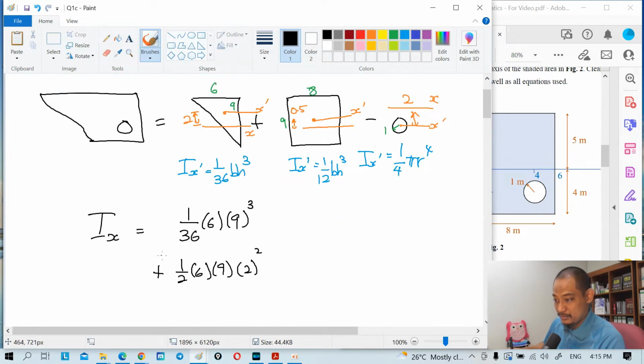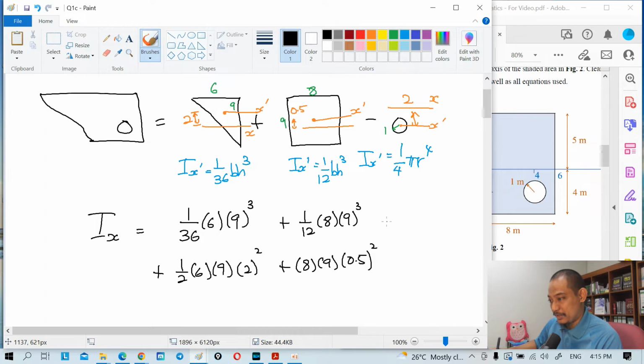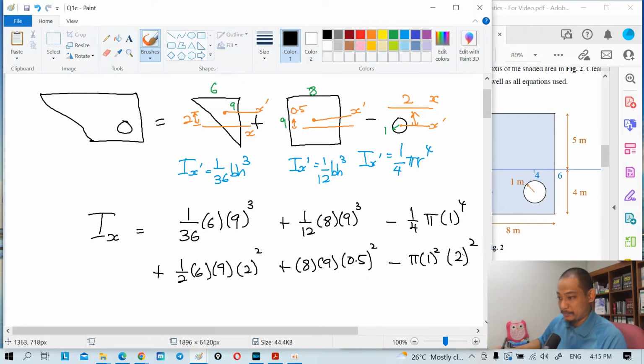Alright, so plus 1 over 12, b is 8, h is 9, and then cube, plus 8 times 9, that's the area, times 0.5 square. So this minus a circle, right? So minus 1 over 4 pi r to the 4, r is 1, and then minus pi r square, so pi 1 square, and then dy is 2, so 2 square.